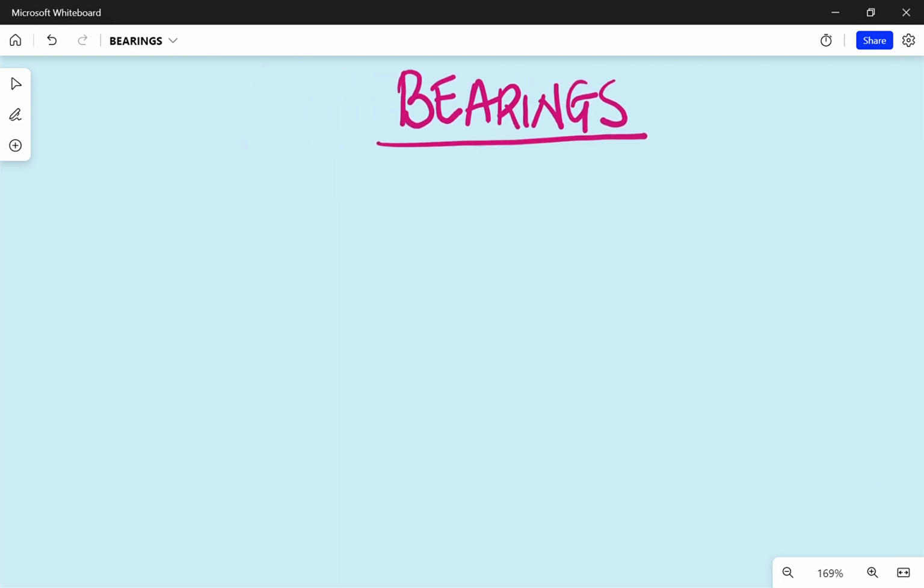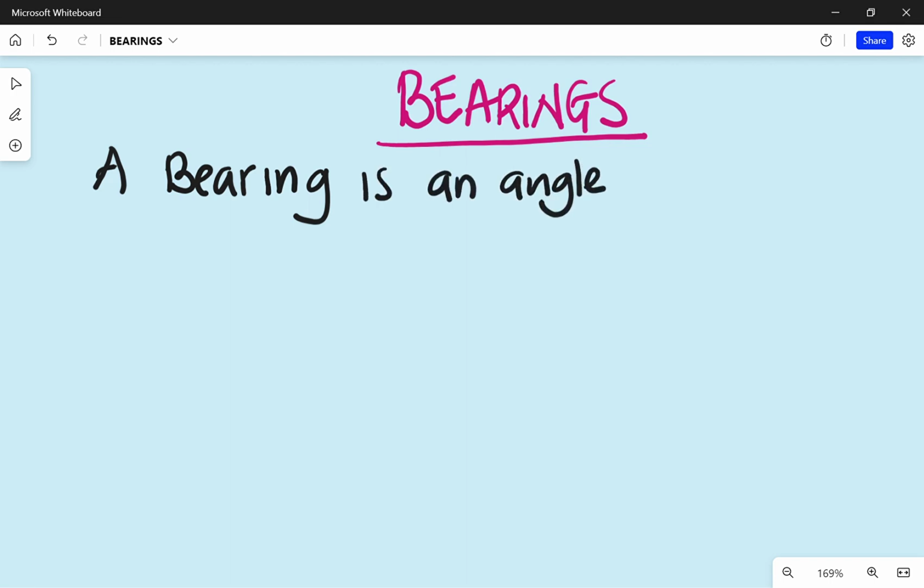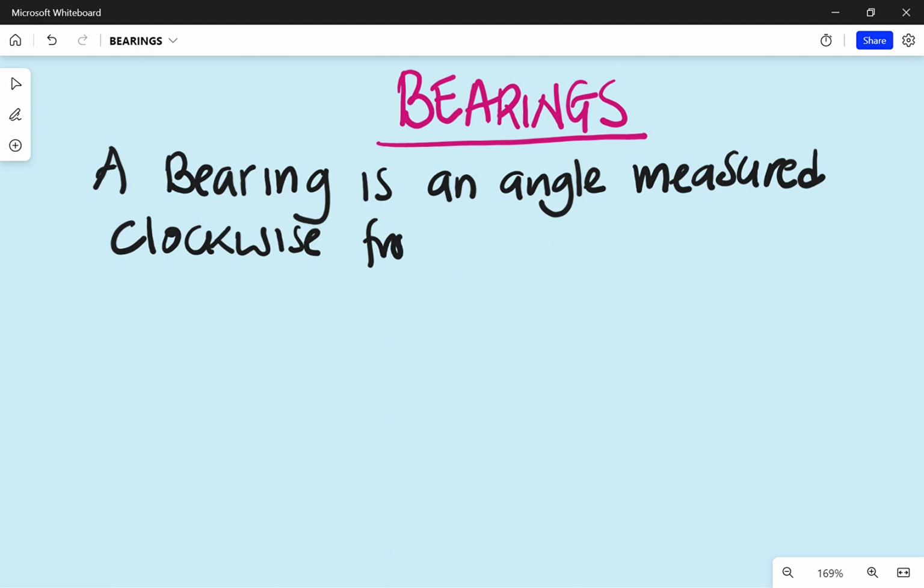Bearings. Okay, so straight into a definition. What is a bearing? Okay, so a bearing is an angle measured clockwise from the north.